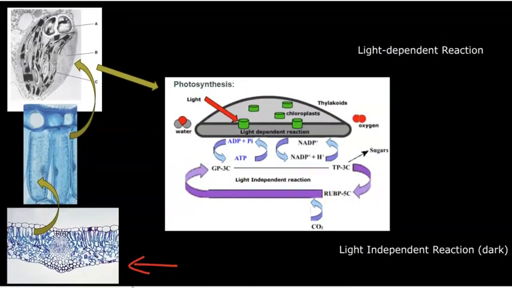Here we have a cross-section of a leaf, of a mesophytic leaf, and within this we identify the tissue in the top layer here, which you will know is the Palisade mesophyll tissue.